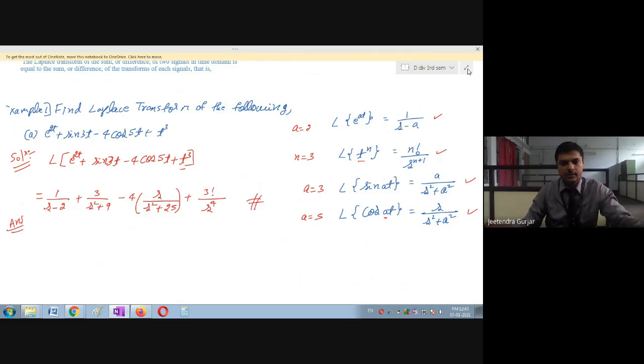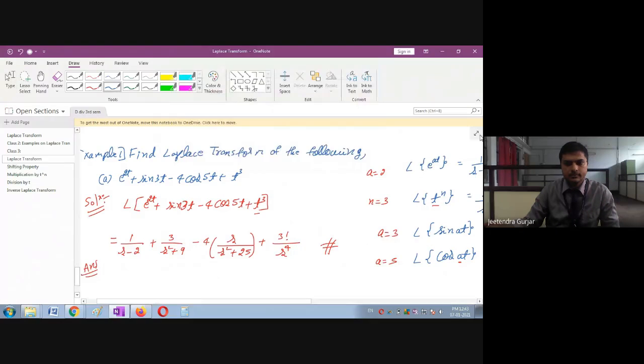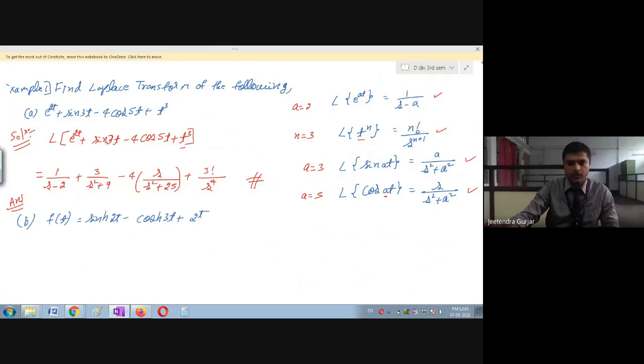Okay, next question we are going to take. So next question, please write down B, that is f of t. They have given here sine hyperbolic 2t minus cos hyperbolic 3t plus t. Okay, so how will we simplify?